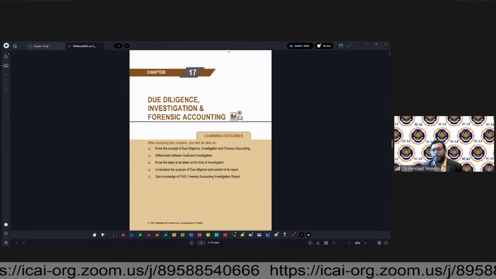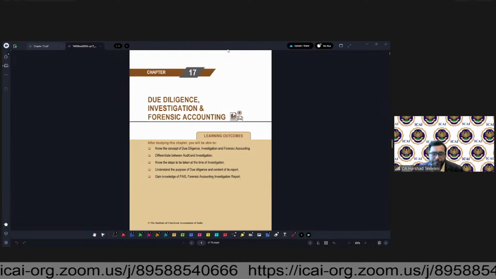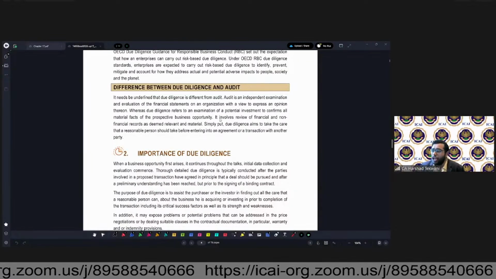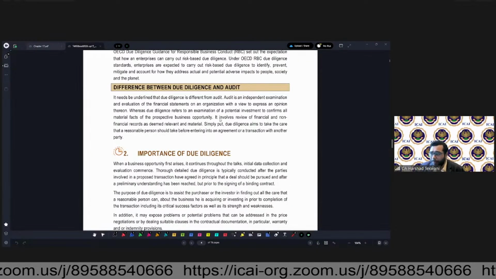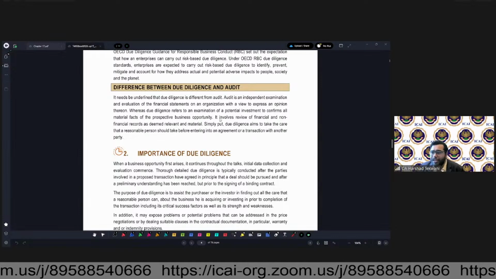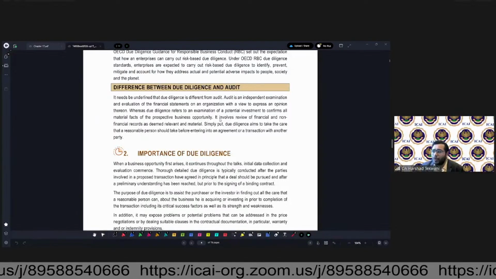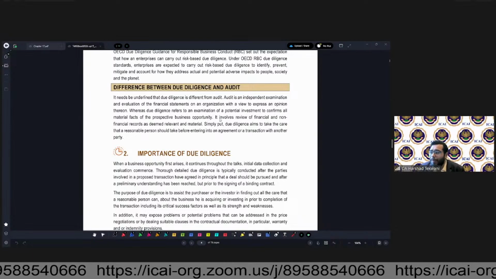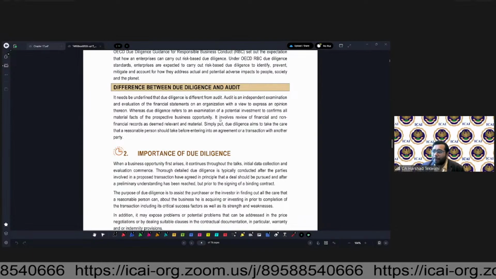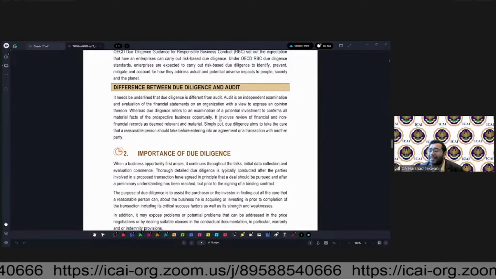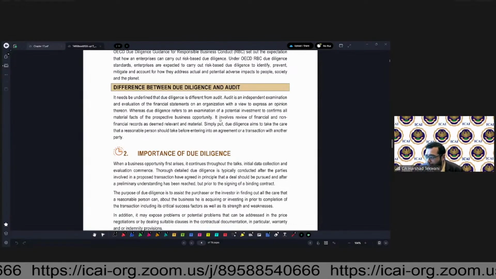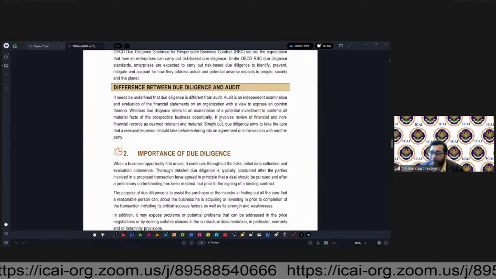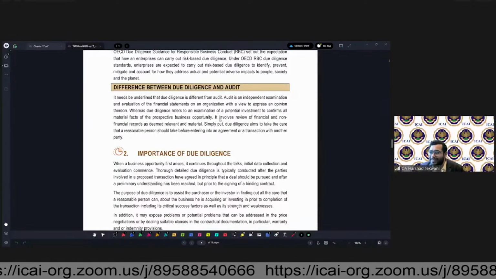When it comes to the purpose, the statutory audit is to provide an independent opinion on whether the financial statements are prepared in accordance with the applicable accounting standards and present a true and fair view. So here the purpose is to issue an opinion on the true and fair view of the financial statements.